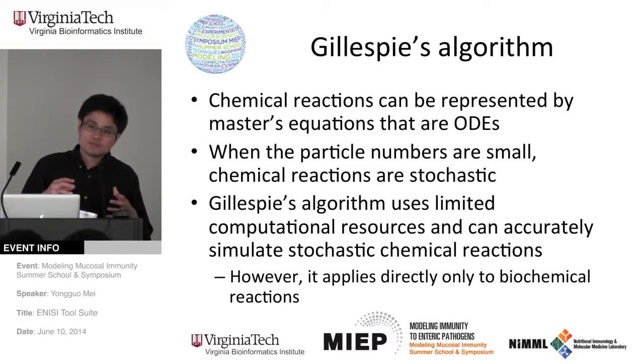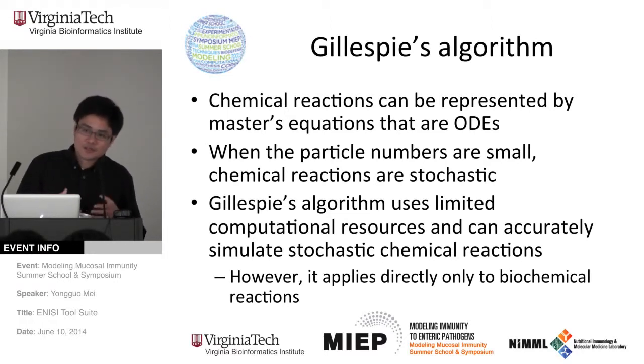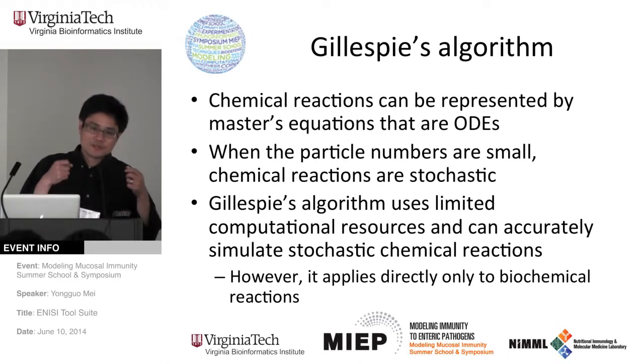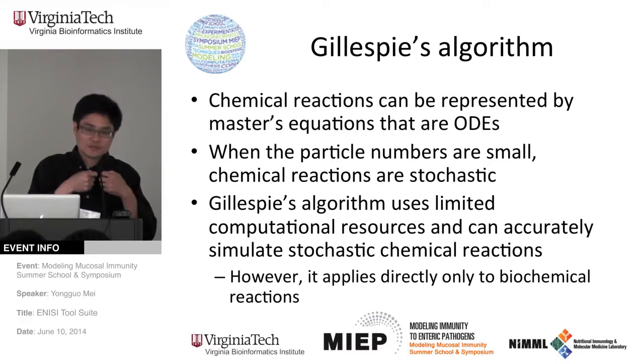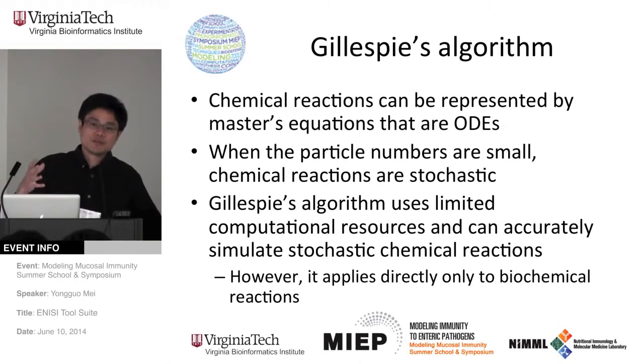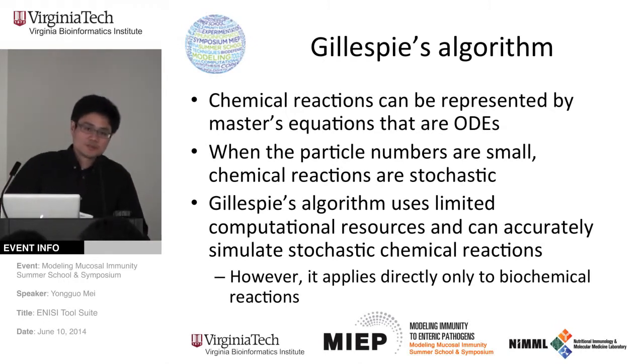But when the particle numbers are very small, you see stochasticity because of the particle effect: when there are very few particles moving around, they have some chance to meet and react, or not. But when the numbers are huge, it's pretty much deterministic. This is the original idea of Gillespie's algorithm, and there are a lot of variations to improve performance and speed up the simulation.